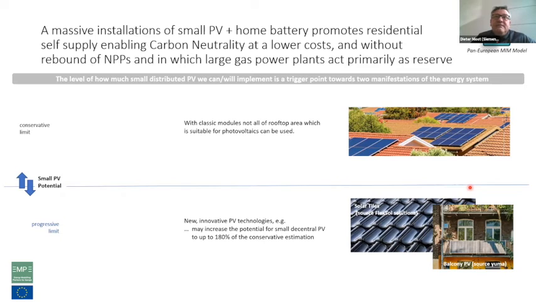But rooftop PV is limited, and we have estimated a conservative limit using today's modules and today's rooftops, which are feasible for photovoltaics, facing the right direction, southward or southeastern, western. And we did some modeling with this potential, and then we thought about the future and said, okay, in the future we have solar tiles, we have balcony PV, we have higher efficiency, we have these tandem PV cells, and so on. And then we made up a progressive limit where we come up with about 180% of the conservative estimation of what we can produce by PV in Europe.